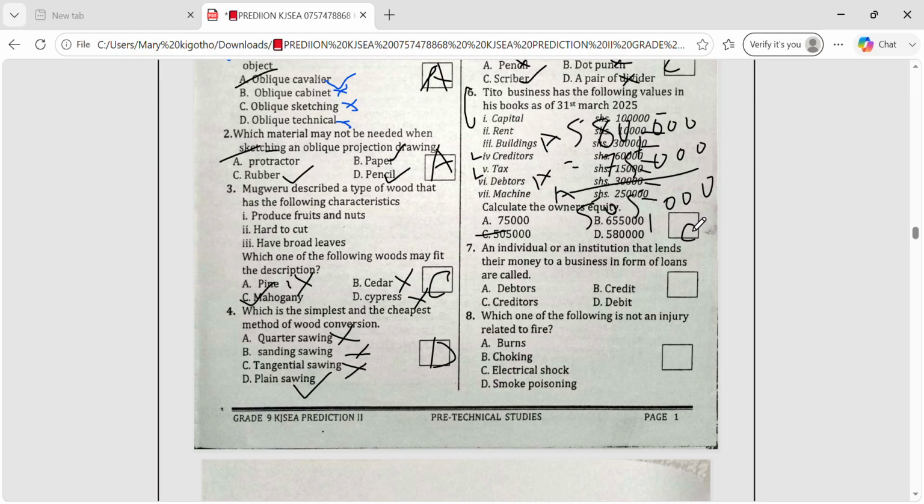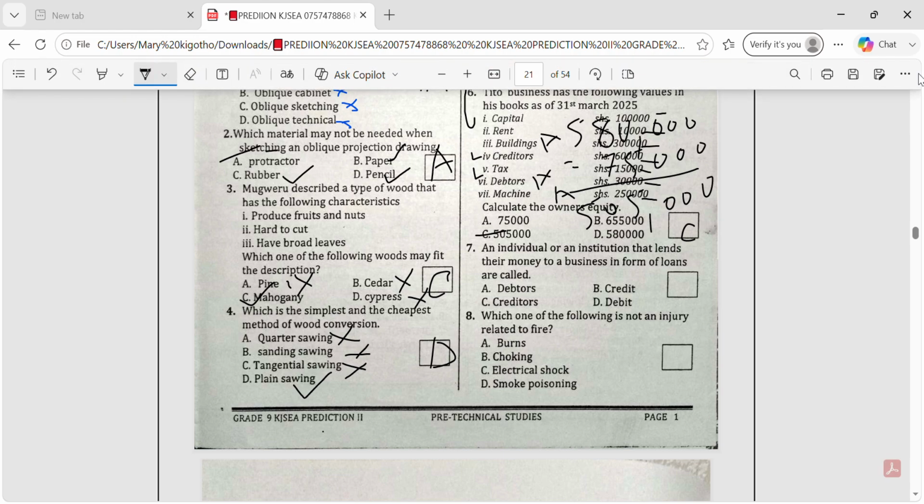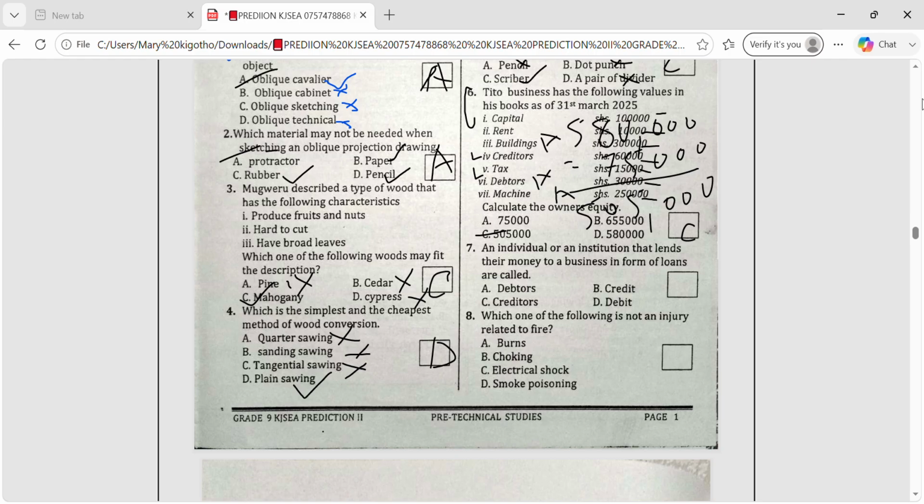Now we go to the next question, that is question 7. We are being told an individual or an institution that lends their money to a business in the form of loans is called what? So we start with debtors. Who are debtors?